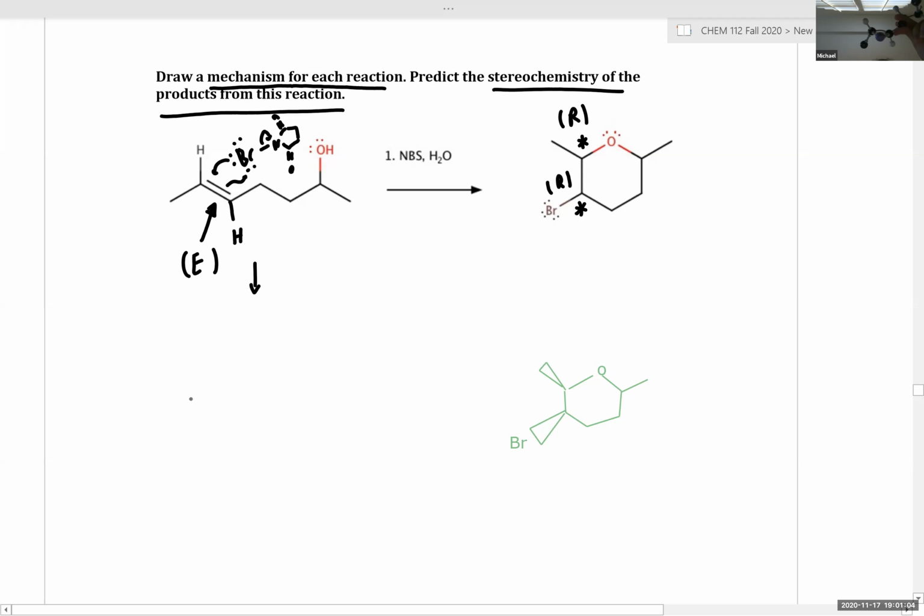Okay, so we have our bromine, and it's on the bottom face, okay? Now, what atoms are in front? What's the first atom that's in front on the left? Hydrogen, okay? And in turn, by deduction, the methyl's in the back.